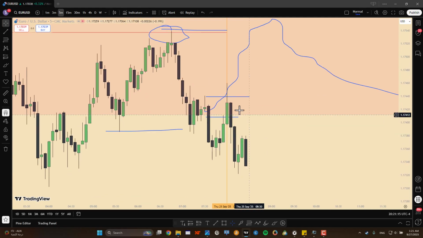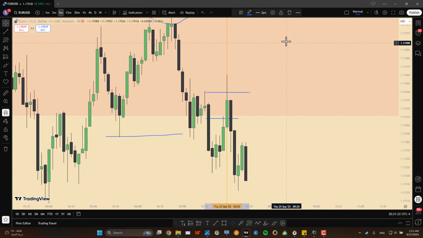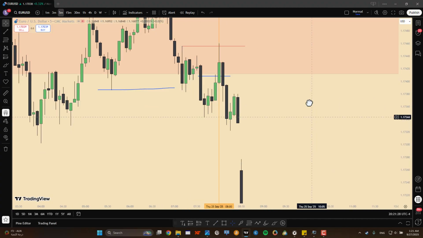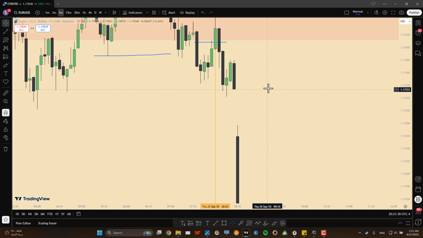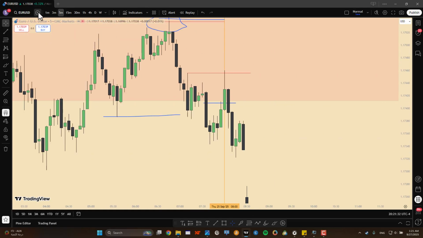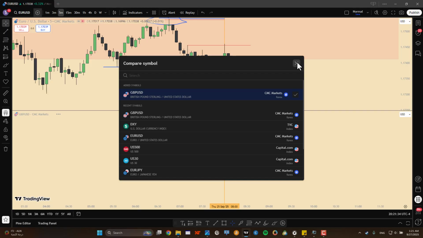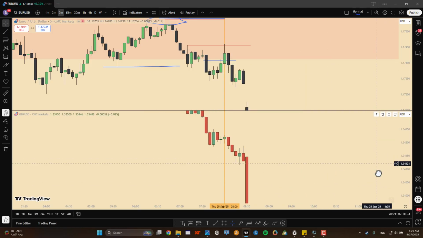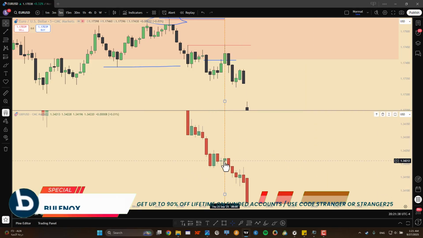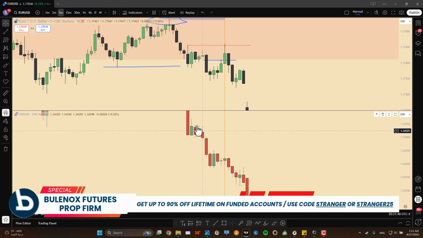So here's that news manipulation, and I believe there was an SMT here. So this was another entry. It could be even a better entry with a better risk to reward, and you can see price just melted to the downside. So I think there was an SMT here. Yes, you can see the high from here and the highs from here on GU.